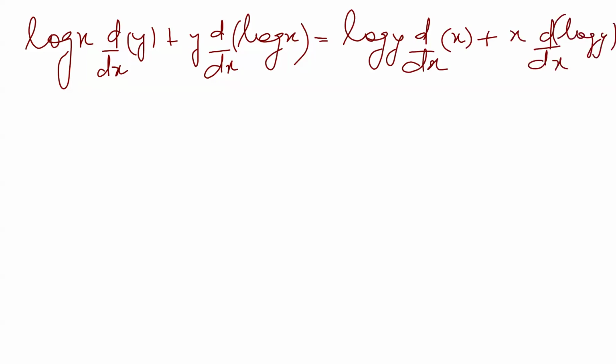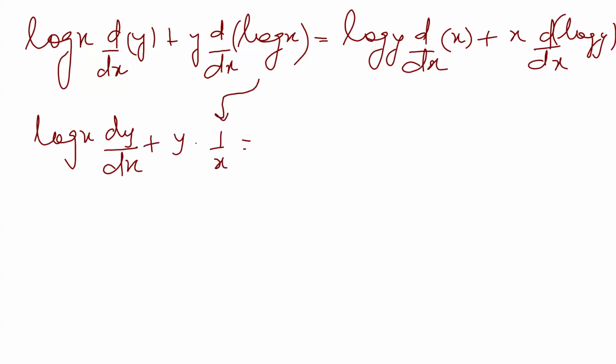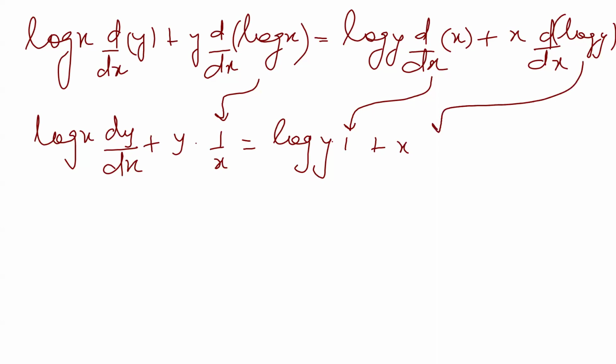So log x dy by dx plus y into 1 upon x equals log y into 1, derivative of x is 1, plus x. What is the derivative of log y? 1 upon y dy by dx. Have you understood this much, or do you need some more explanation? Please tell me.